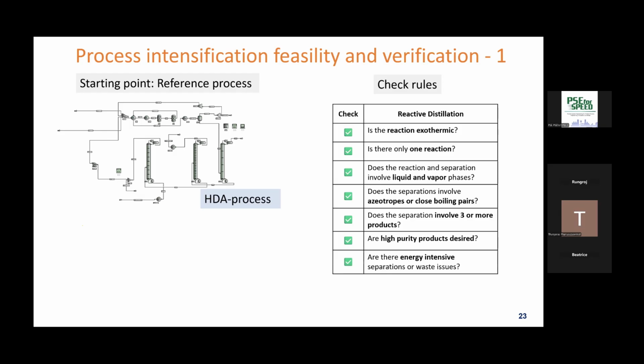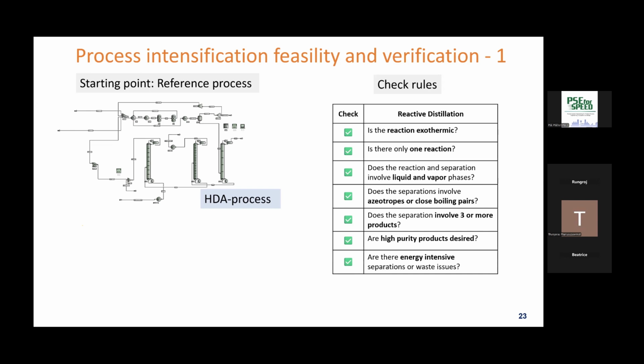So what we have developed is a kind of rule-based method, but these rules are based on actual data. And the approach is that if the answer to all these questions is yes, it cannot be maybe, it has to be yes, then the process that is being shown can be converted to a reactive distillation. How do we answer that?